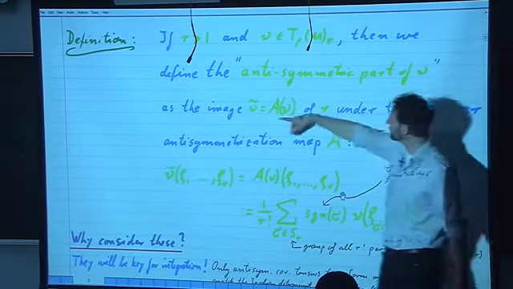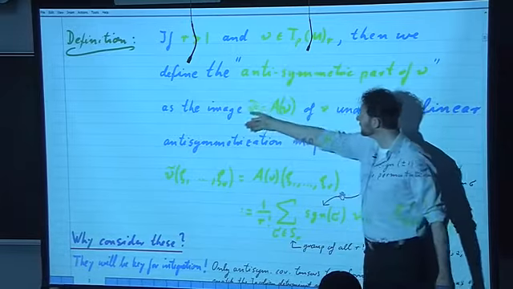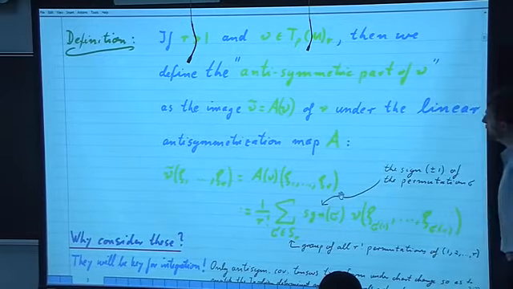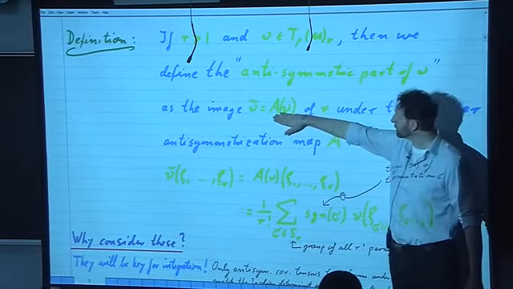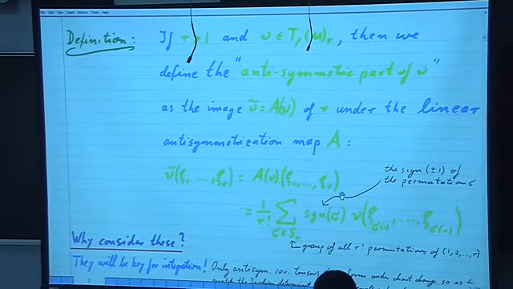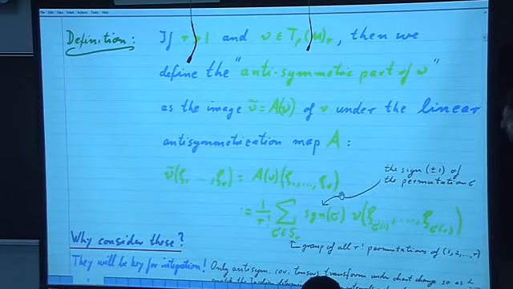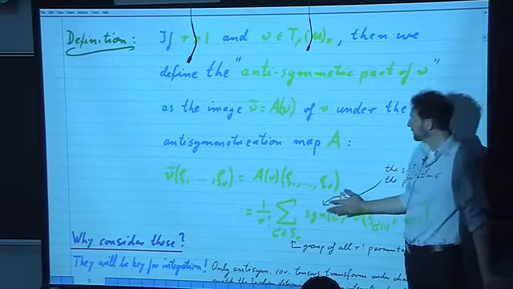Let's call that antisymmetric part nu tilde. If nu is the original tensor, then nu tilde is the antisymmetric part of it. We obtain it by applying the so-called antisymmetrization operator, or the antisymmetrization map, A. And how does that work? Well, it works in the obvious way.